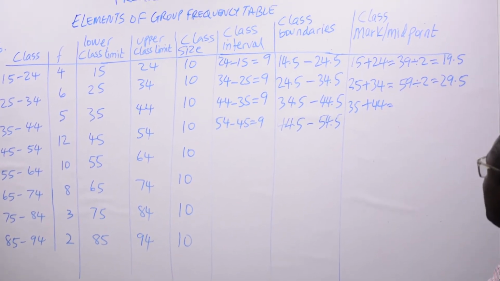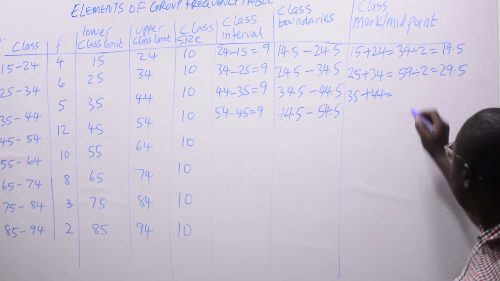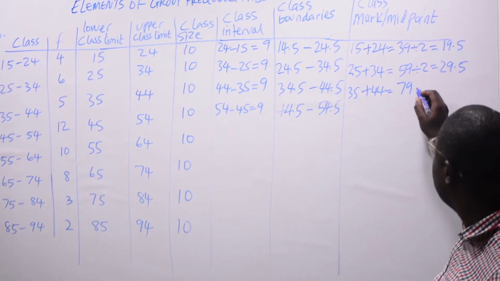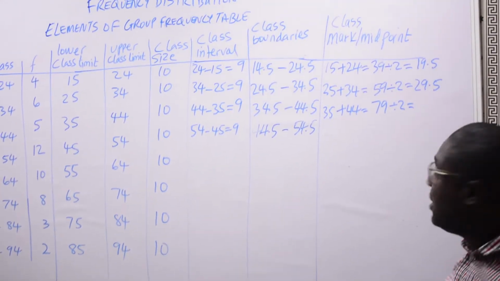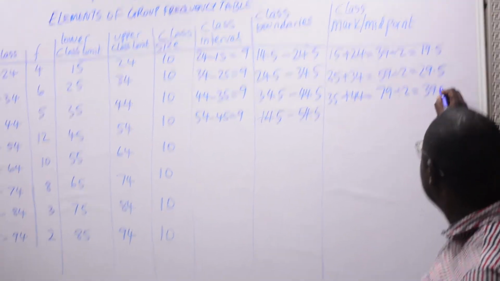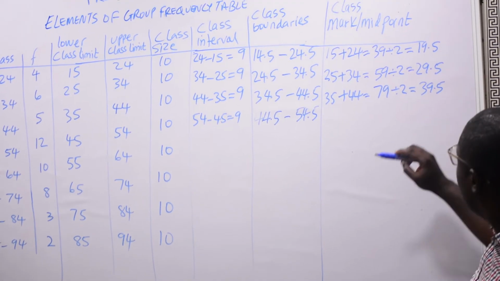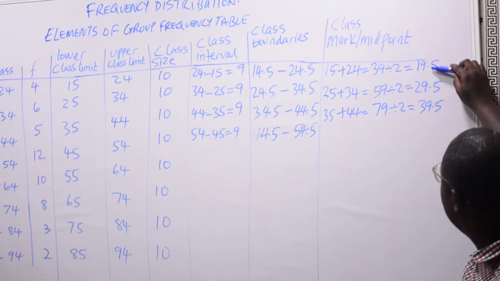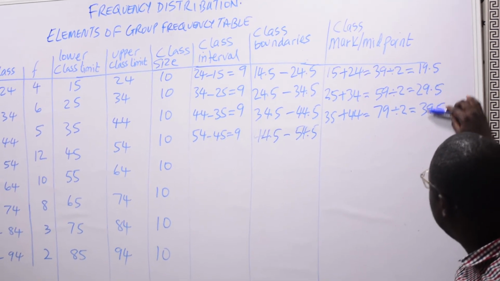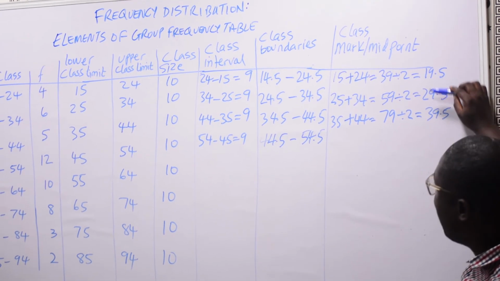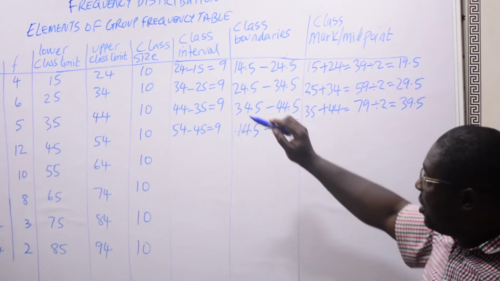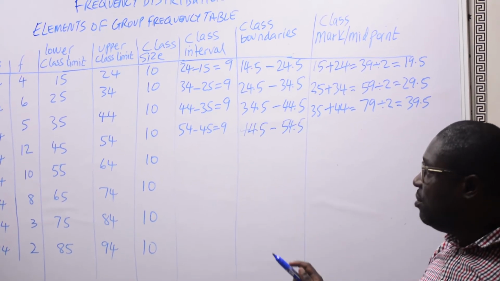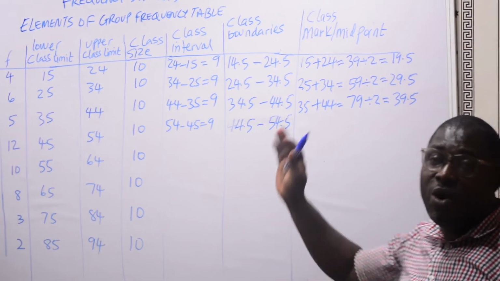This will give us 79. So 79 divided by 2, that will give us 39.5. So I want you to take note that there is a difference of 10, and this is reflected in the difference in the upper class limit and the lower class limit of each class.